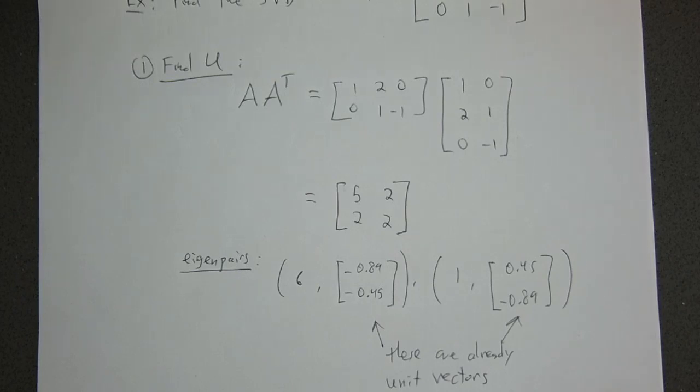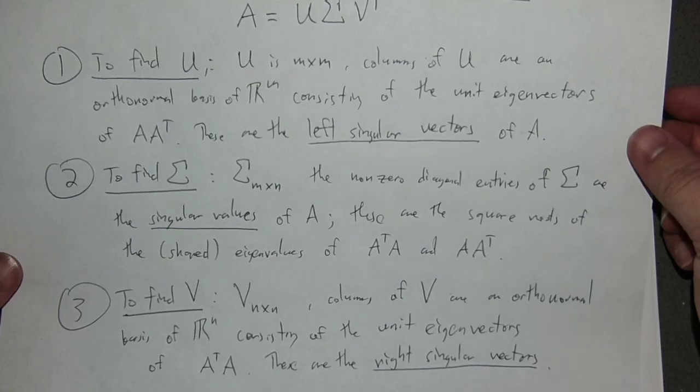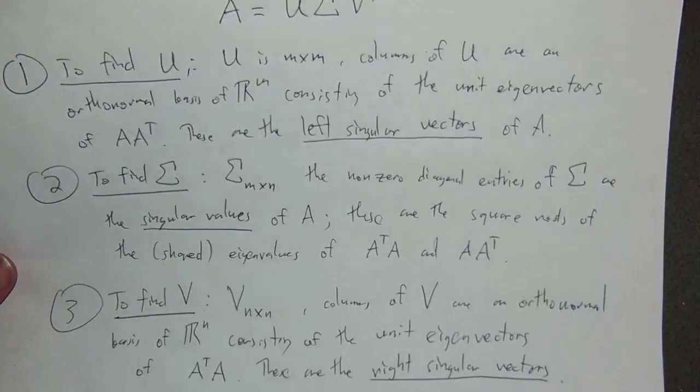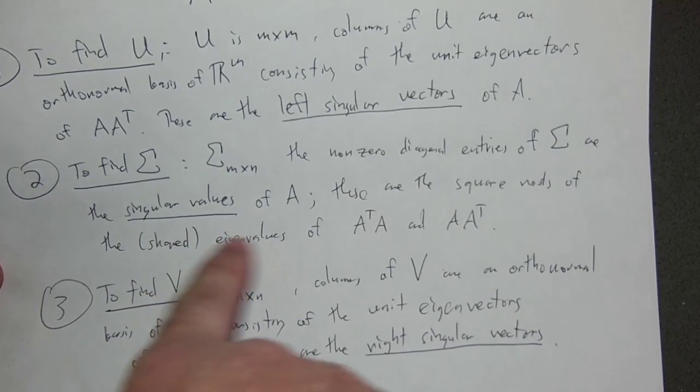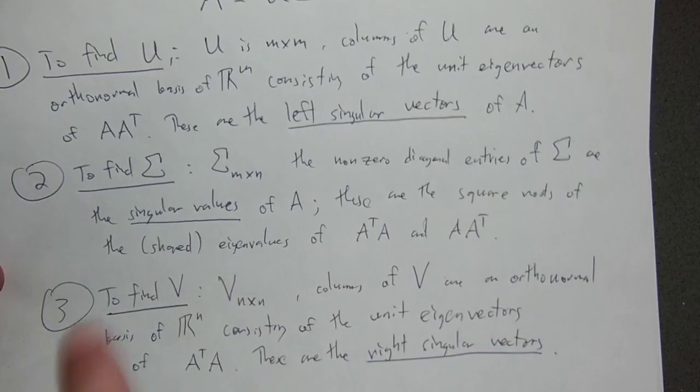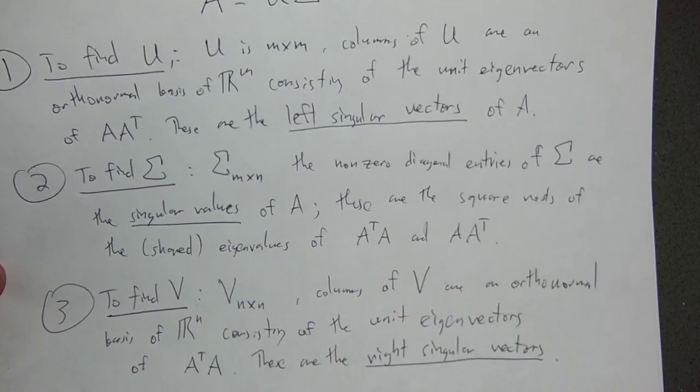Okay, so those are the eigenpairs, which means that I can write out U immediately. Maybe before I write out U, I'm going to compute the other things, because I said something last time. I noticed now that I didn't actually write it out when I gave you the description of how to find U, sigma, and V. But I said something aloud, which is, once you've found the eigenvalues here, you can arrange them in any order you like, typically.